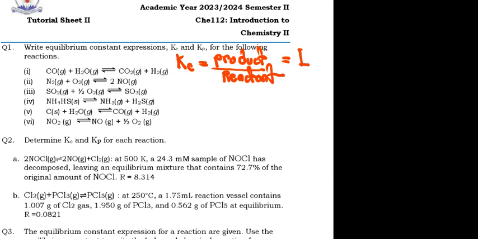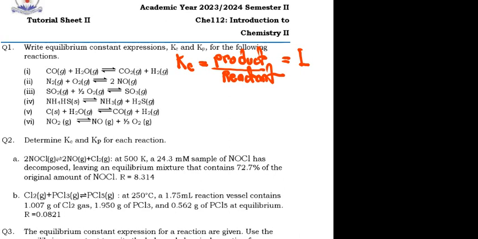Either Kc or K is used; they equally mean the same thing, but there's a fine distinction between Kp and Kc. For Kp, we're expressing the reaction in terms of its partial pressure equilibrium, and in such cases we usually deal with gases. For Kc, we're expressing the entire chemical reaction in terms of its concentration, but for Kp, in terms of its partial pressure equilibrium.